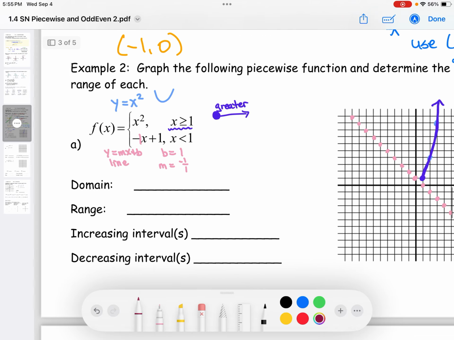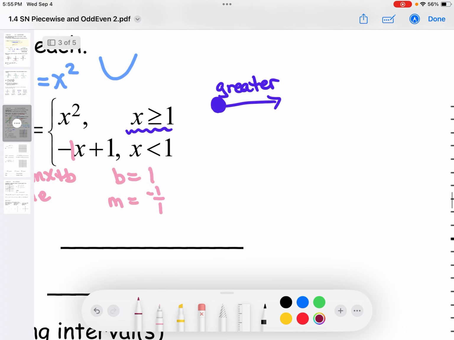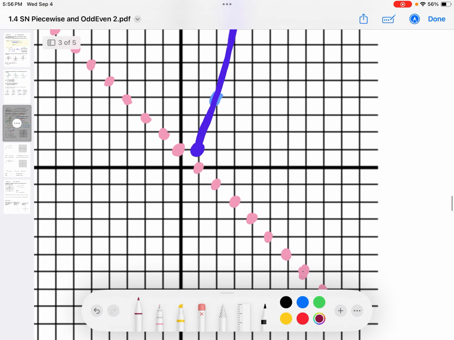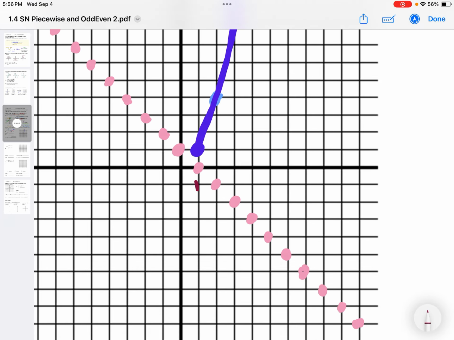Now, the piece of this function that we're using is given to us by this part, x less than 1. Because it's less than, not less than or equal to, it is an open circle. And because it's less, it goes to the left. Less goes to the left. So from that x value of 1, we need to find where we are. On the line, find where x is 1.